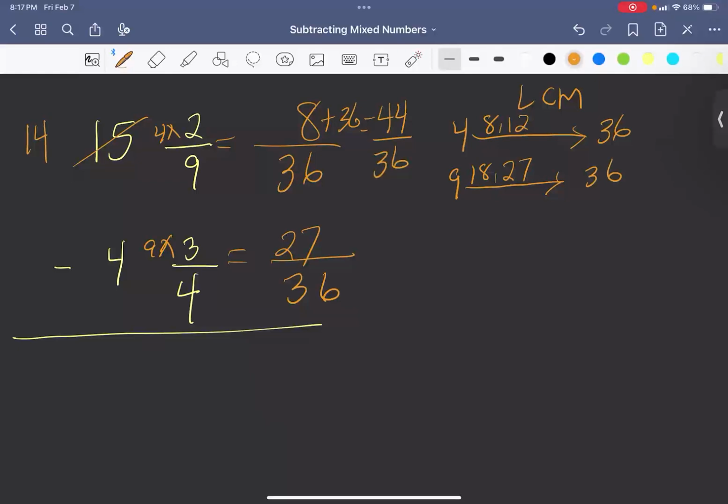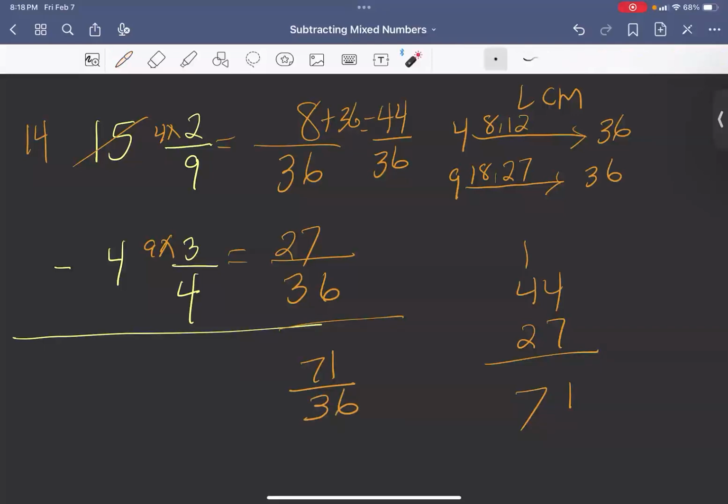So 44 plus 27. 44 plus 27 is 71. So our answer is going to be 71 over 36.